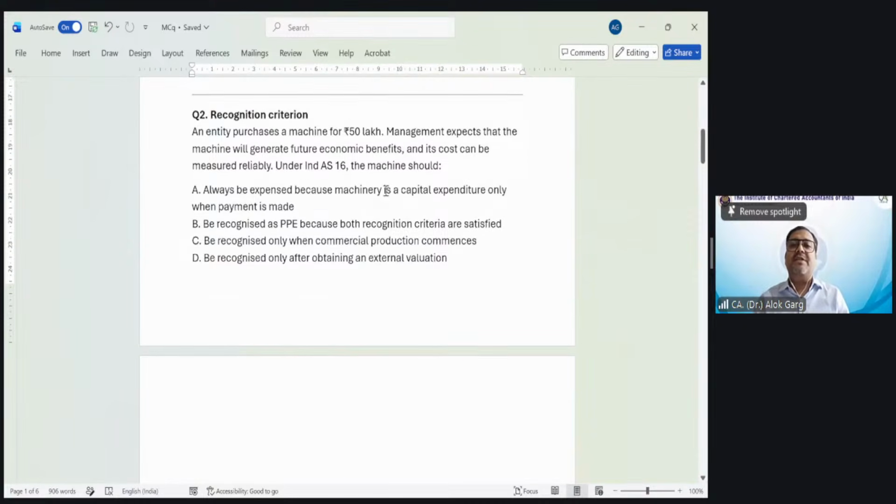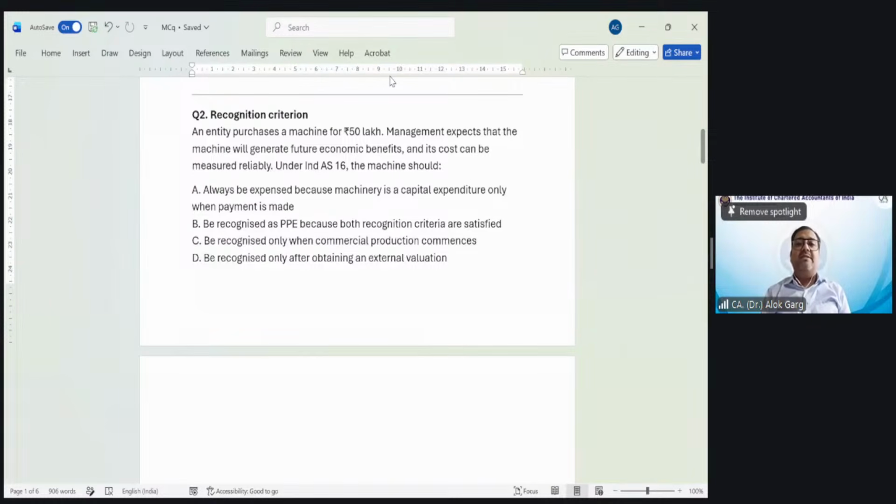An entity purchases a machine for 50 lakh rupees. Management expects that the machine will generate future economic benefit and its cost can be measured reliably. Under Ind AS 16, the machine should: always be expensed off because machine is a capital expenditure only when the payment is made; be recognized as PPE because both the recognition criteria are satisfied; be recognized only when commercial production commences; be recognized only after obtaining an external valuation.